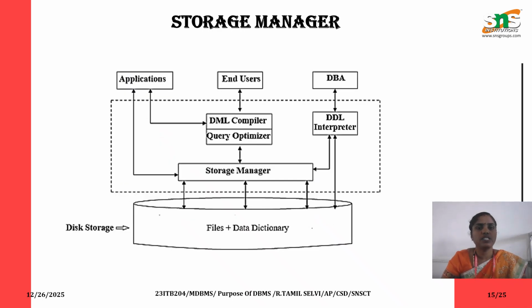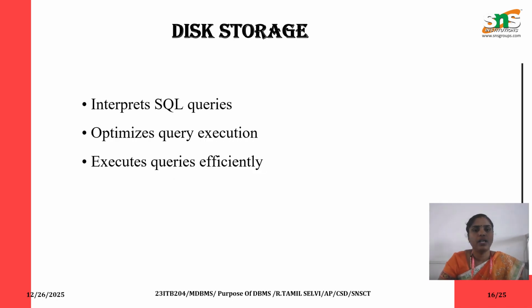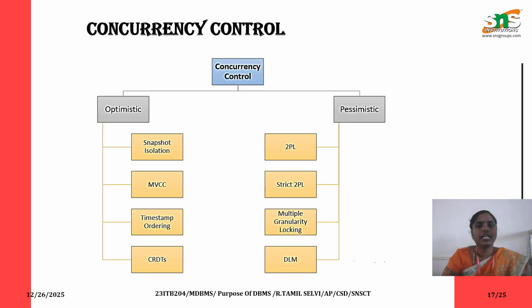The storage manager manages the physical data storage, handles the transactions, and finally takes care of recovery and consistency of the data. Next one, disk storage, that stores the actual database files, indices and metadata efficiently. Concurrency control. This component ensures multiple users can access the database simultaneously, and no data inconsistency occurs during the processing of data.